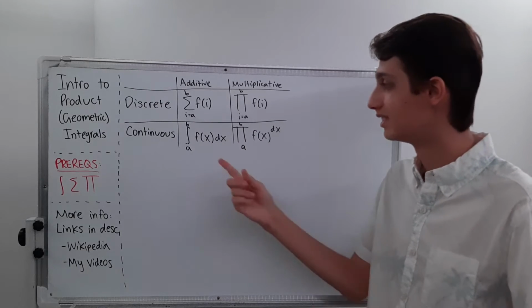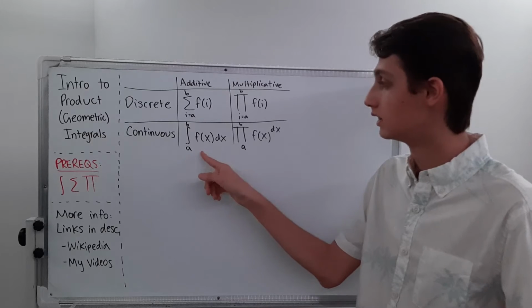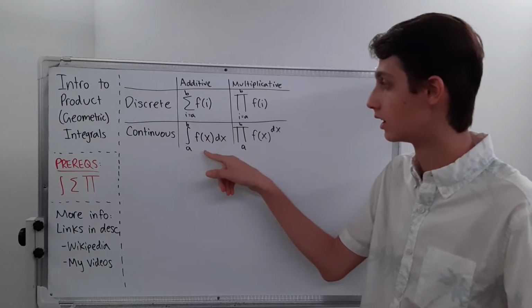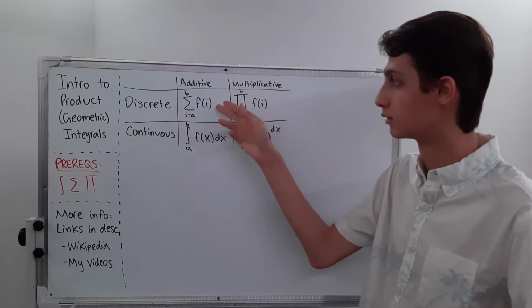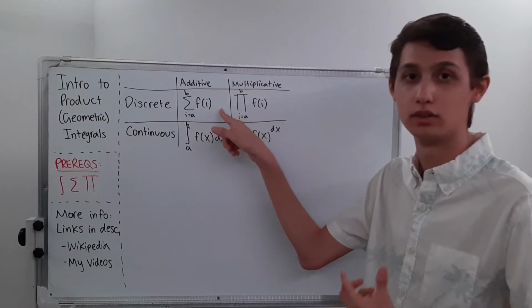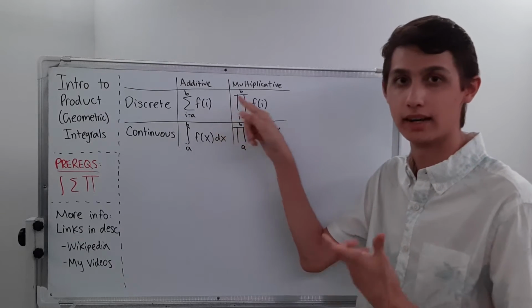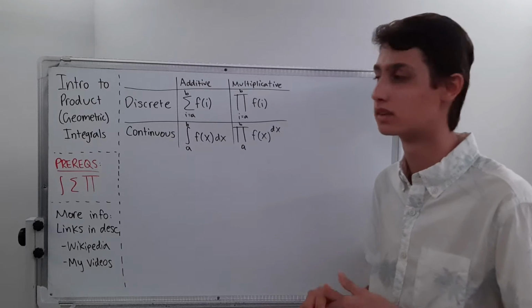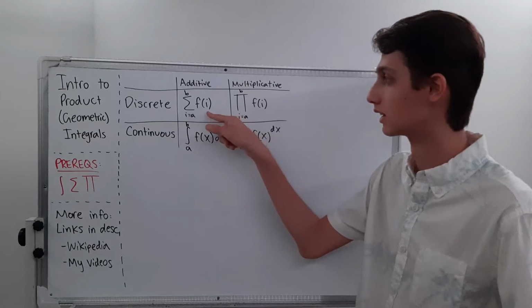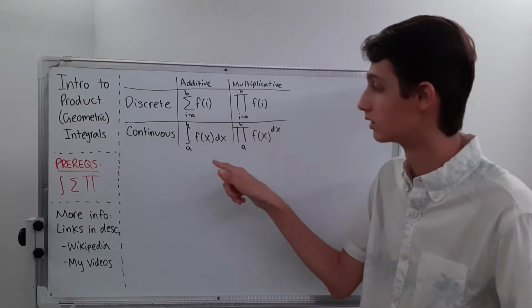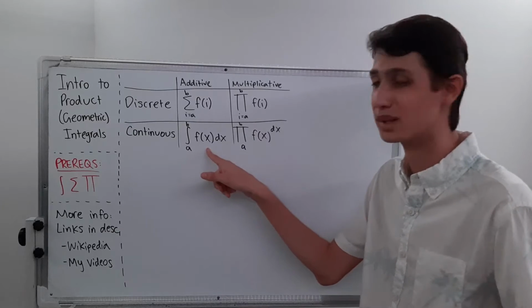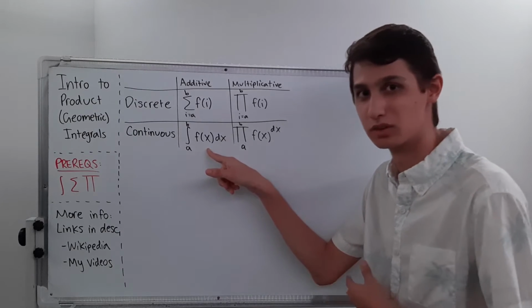And then the continuous version of that is the integral. You go from A to B of f of x dx. The difference between these two is that here you have defined intervals, so this is like f of 1 plus f of 2, versus this is like f of 1 plus f of 1.000001.